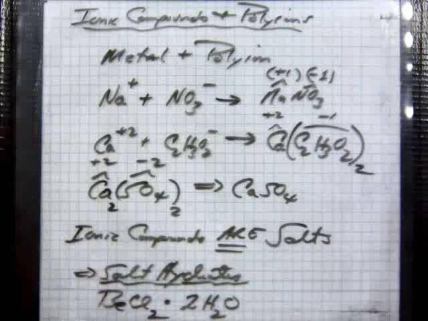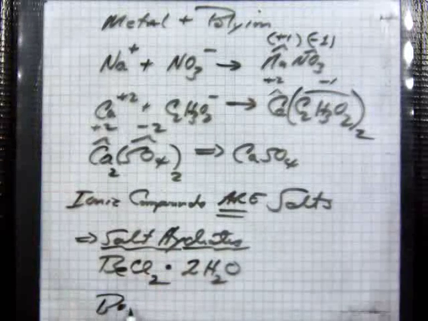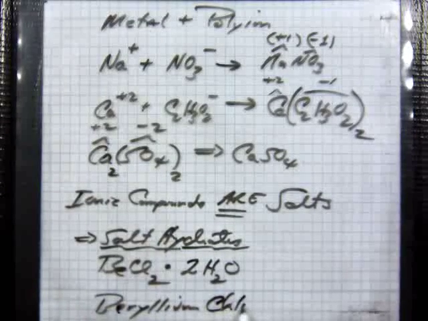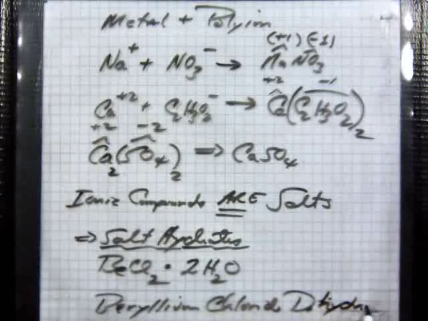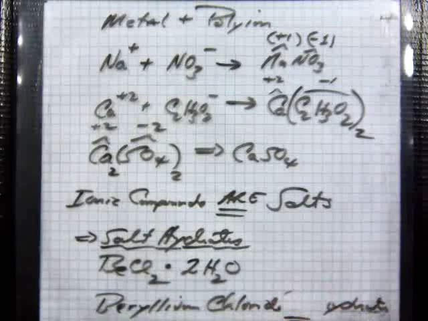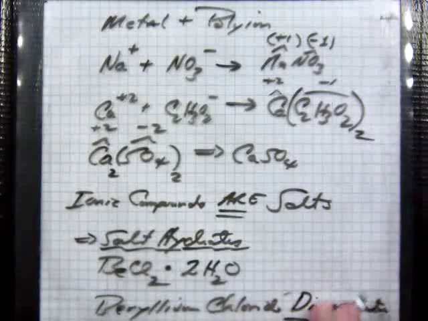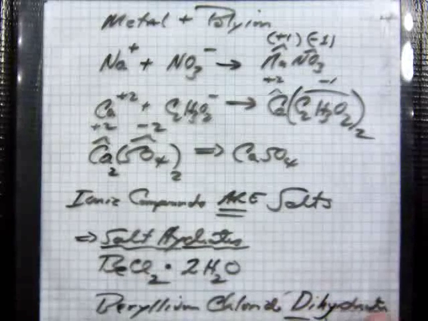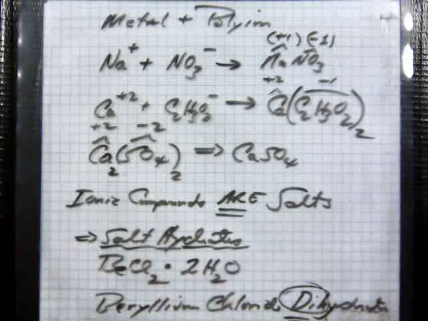And its nomenclature, and we'll get to this in more detail, is beryllium chloride dihydrate. Of course, the di in there indicates two.